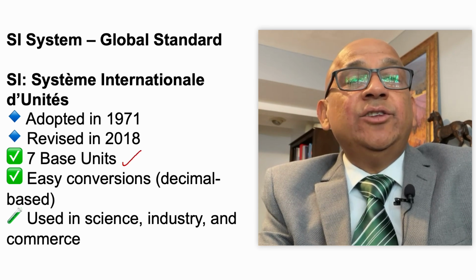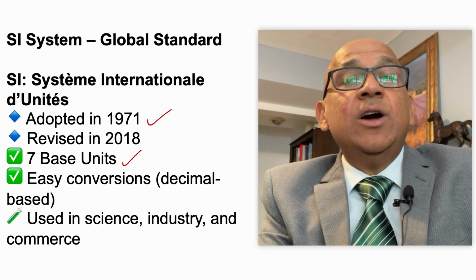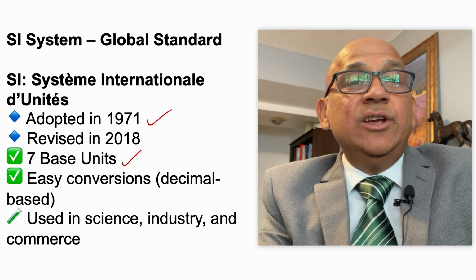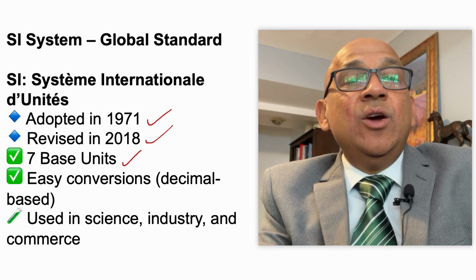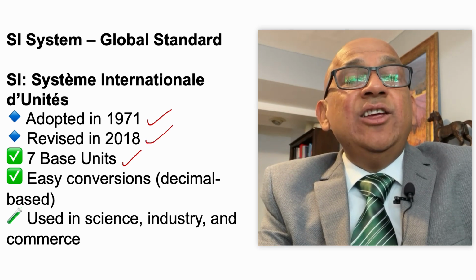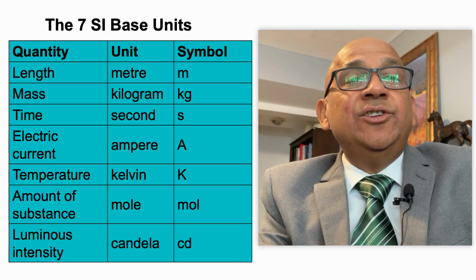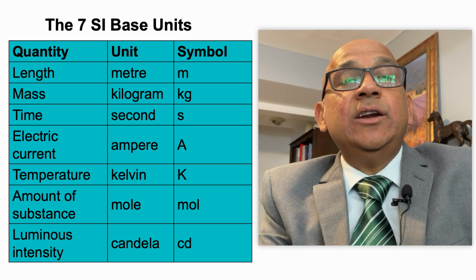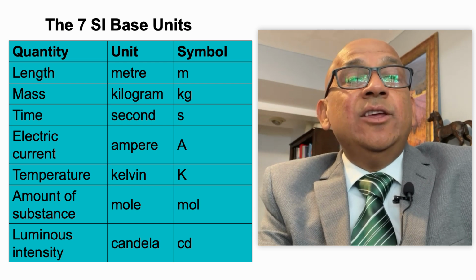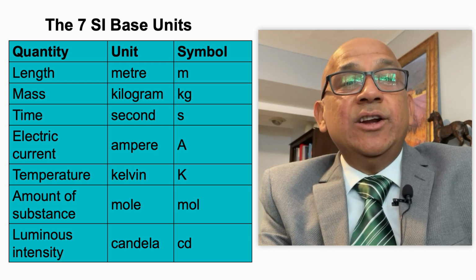This SI system was adopted in 1971 and it was revised in 2018. So it is the widely used system for units, and in SI system there are 7 different units. They represent 7 different quantities.